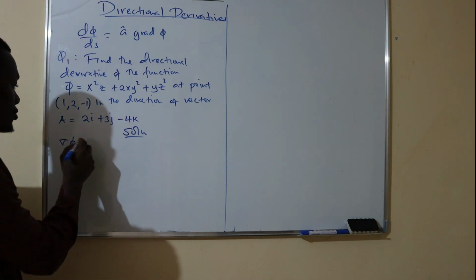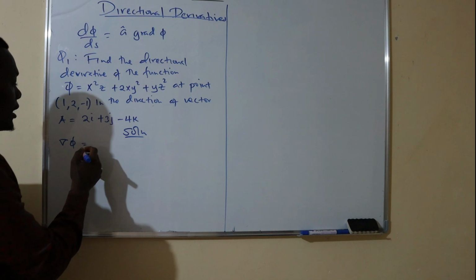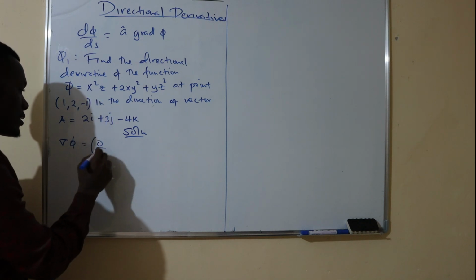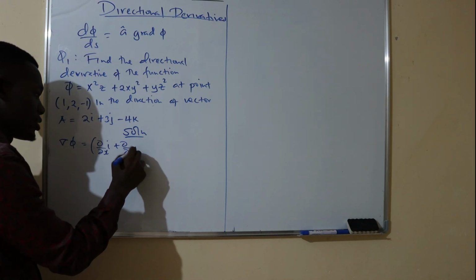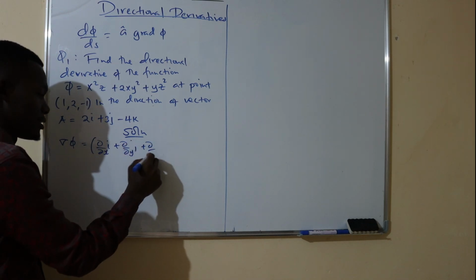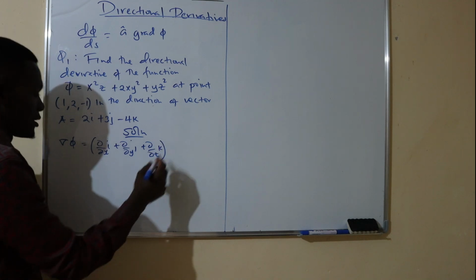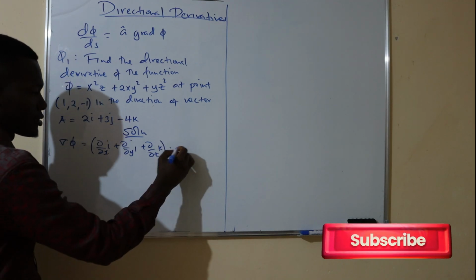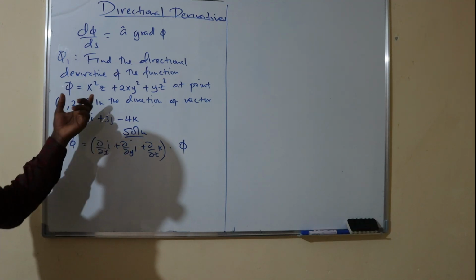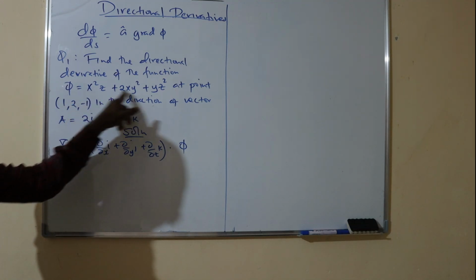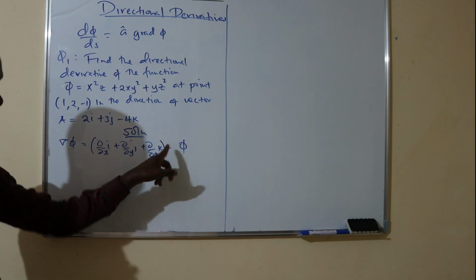So the grad is given by d dx i plus d dy j plus d dz k, of the function phi. This means we differentiate this particular function phi. It is not a dot, sorry.